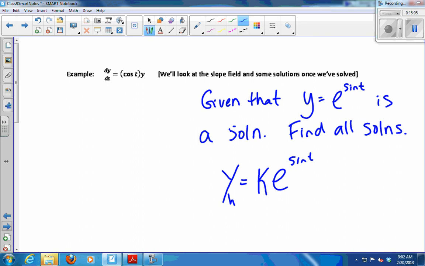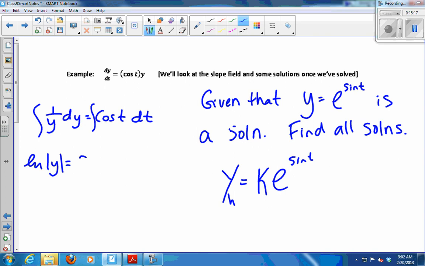So I would do 1 over y dy equals cosine t dt. Integrate: ln of y equals sine t plus c.